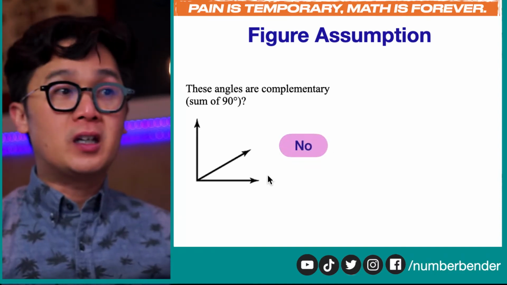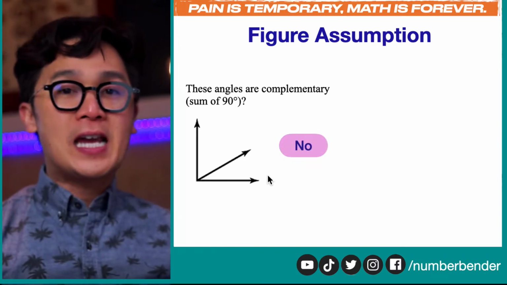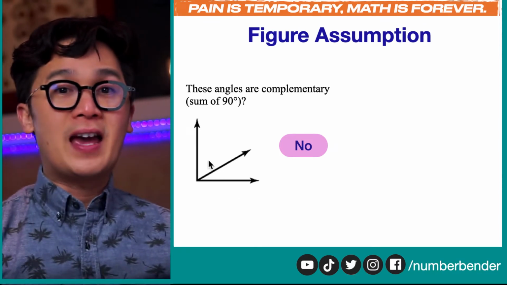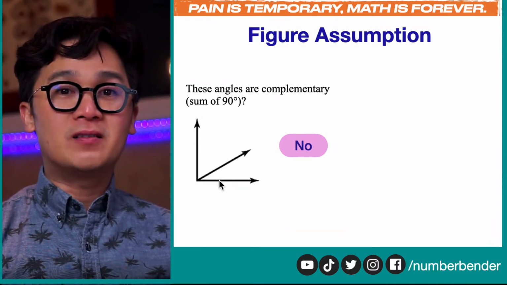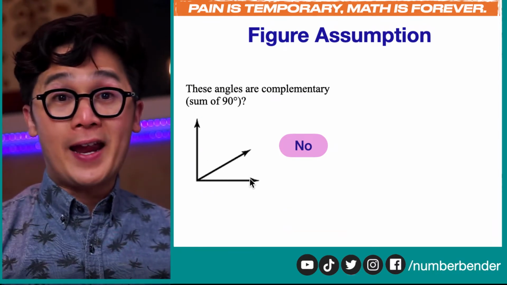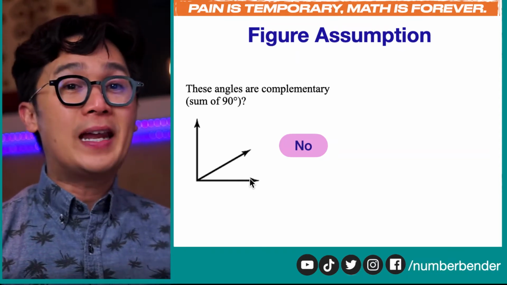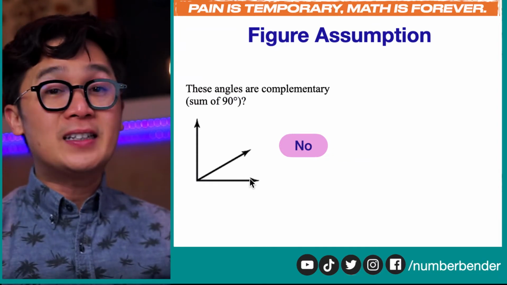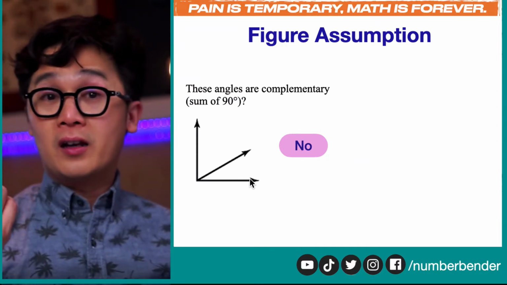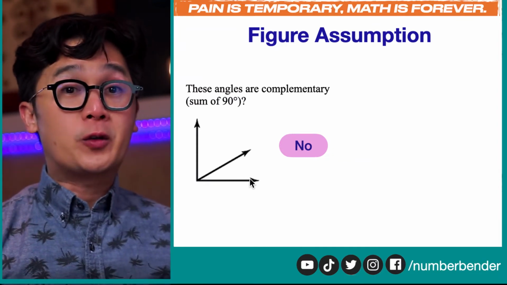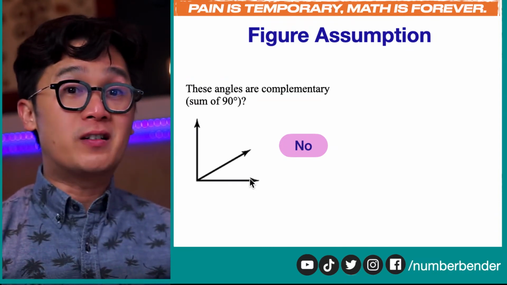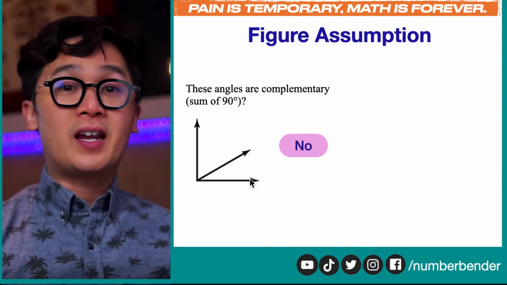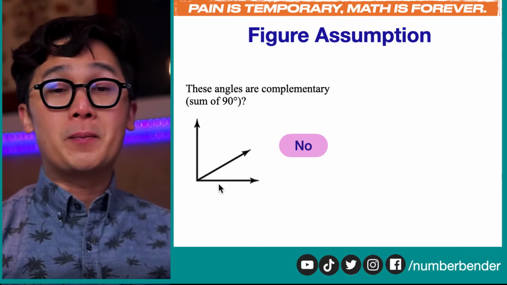It's a no because we can't tell for certain that this angle right here is a 90-degree angle, because there are no labels or information that tell us that it is. Unless you have a protractor or any device that can measure angles, then we can say that this is indeed a complementary angle.